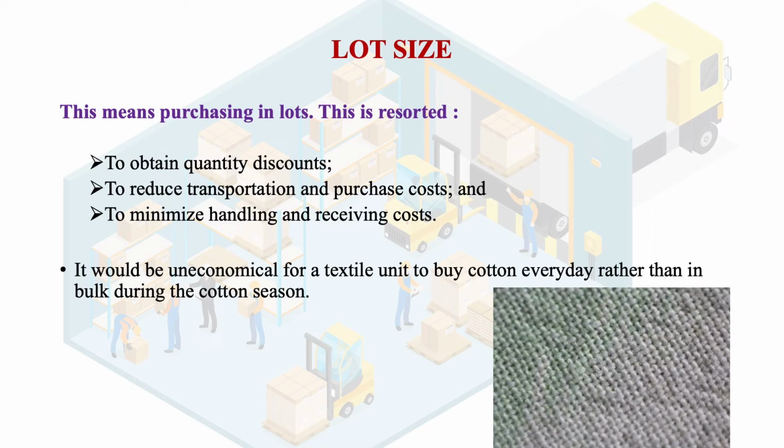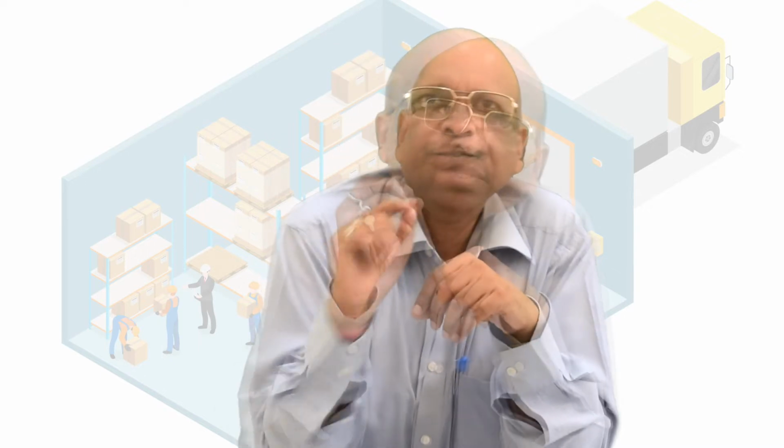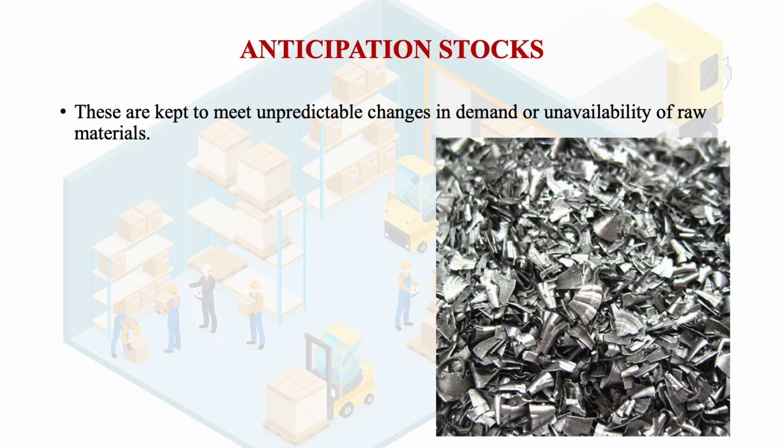It would be uneconomical for a textile unit to buy cotton every day rather than in bulk during the cotton season. So you just see the example of a textile unit and then compare it with lot size inventory. Anticipation stock. This type of inventory is kept to meet unpredictable changes in demand or unavailability of the raw material.